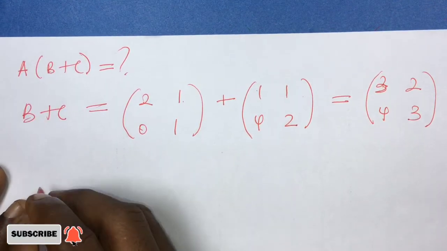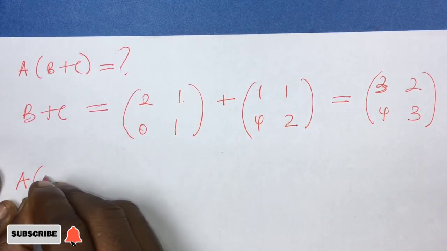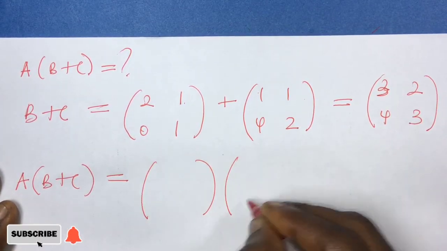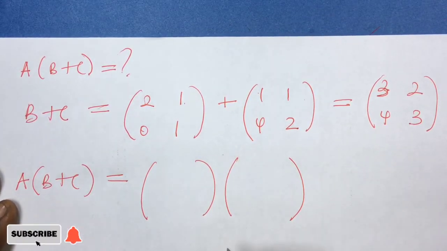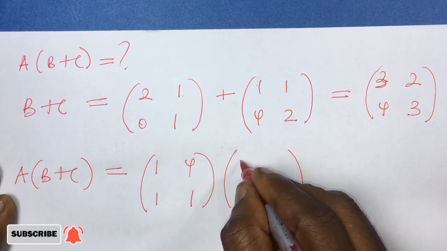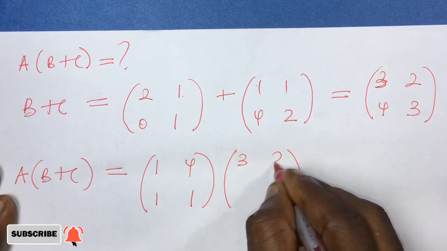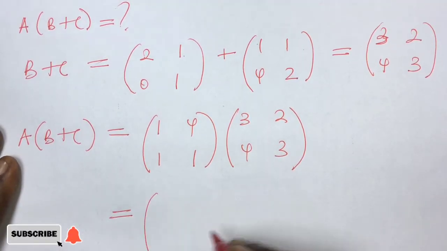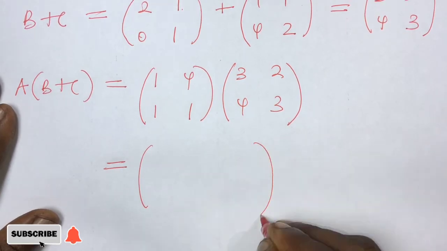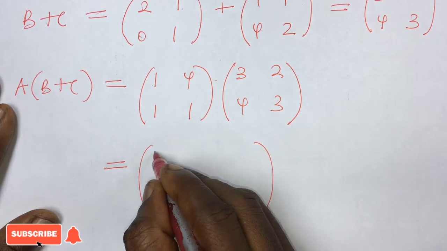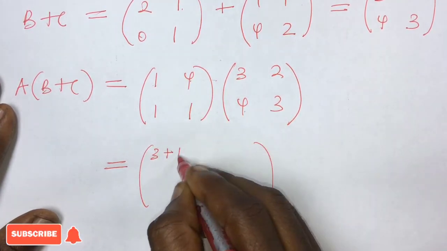Now, if you take A to multiply B plus C, it will mean using the matrix A. What did we obtain as the matrix A? It was [1, 4; 1, 1]. Using it to multiply this result, B plus C, [3, 2; 4, 3], you will end up having this result. Row 1 multiplies column 1, it will be 1 times 3, 3, plus 4 times 4, 16.